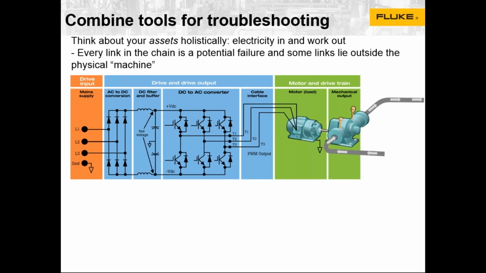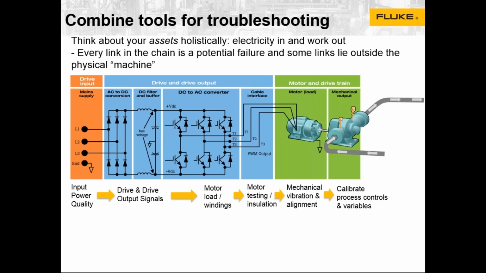To keep this pump running, we need to keep the motor running. To keep the motor running, we need to think about the motor windings to the left, then the drive, and then power input. So input power, the drives, the motor windings, the insulation, mechanical, that whole path, if anything goes wrong, this machine is going to go down.